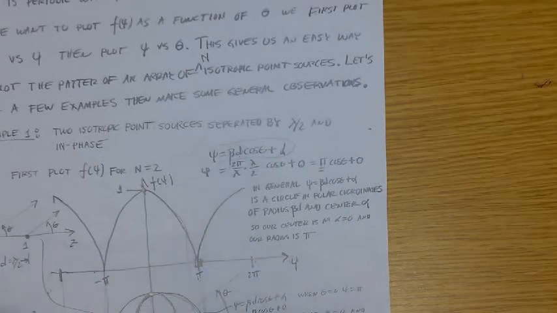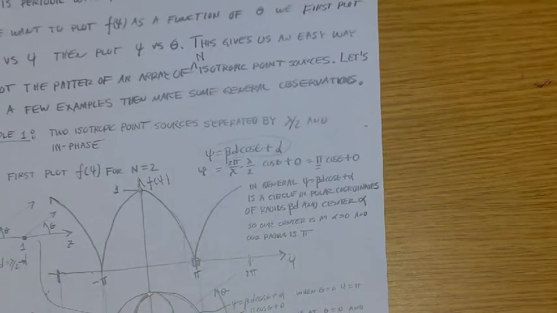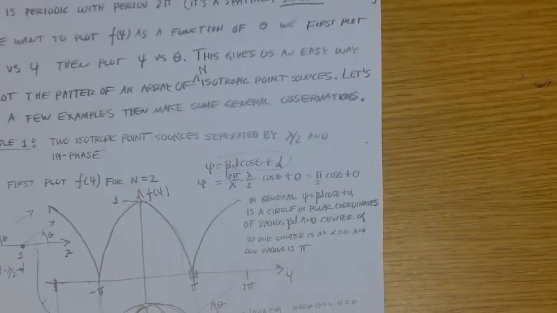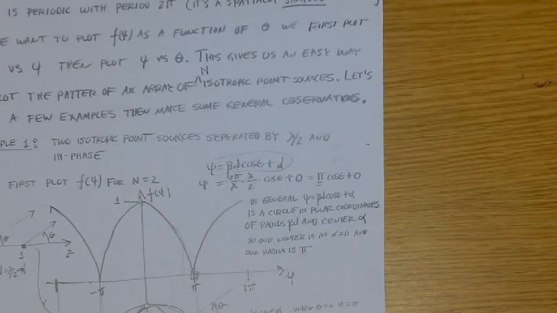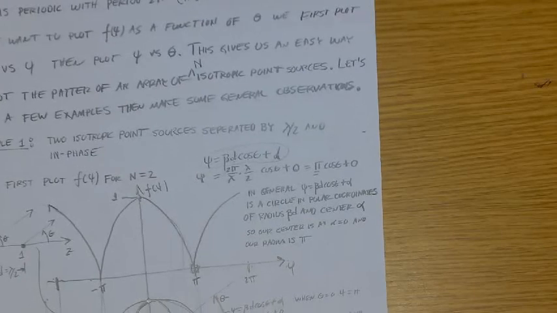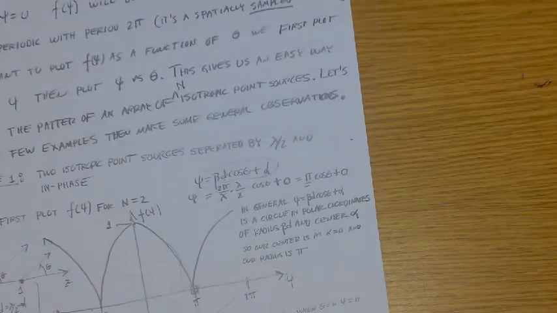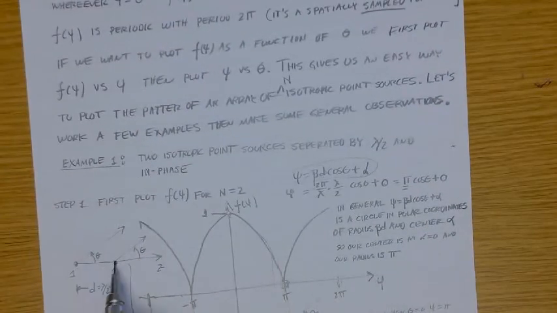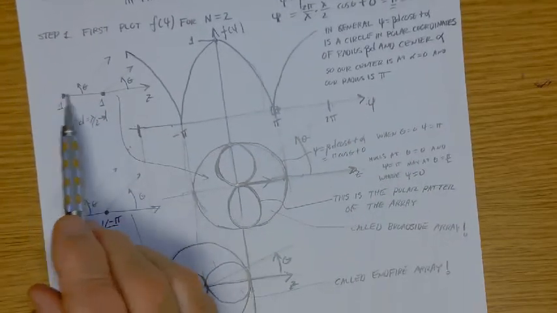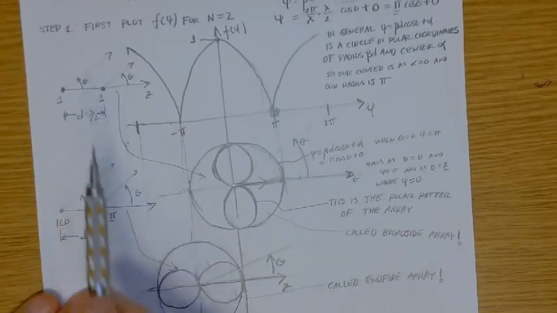The axis of symmetry is the z-axis, and so the three-dimensional pattern is just this pattern spun about the z-axis. And so this lobe up here is simply going to repeat down here. That's always going to be the case. So it repeats, and here's my pattern. Voila. So we get the pattern of a pair of isotropic point sources spaced by lambda over 2 as a function of theta.